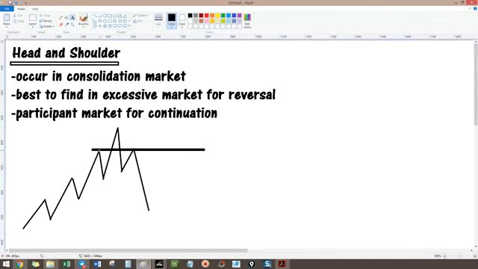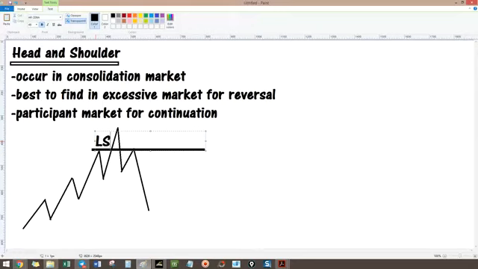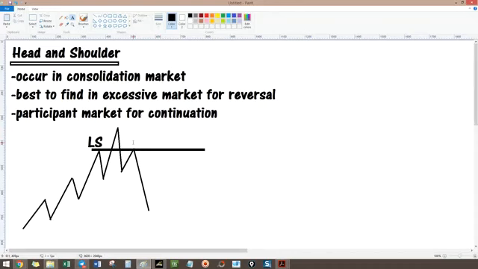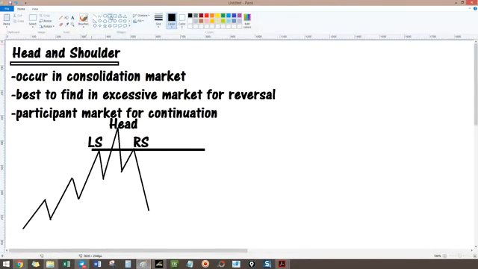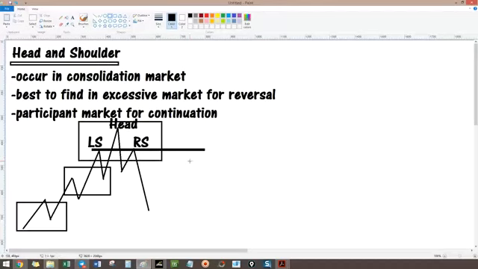Okay, over here is left shoulder or LS. Over here is RS. Over here is head. So you have left shoulder, head, and a right shoulder. Usually it will look something like this. You have a consolidation or accumulation, and you have a participation, and then you will have an excess market. Okay, so you have something like this.